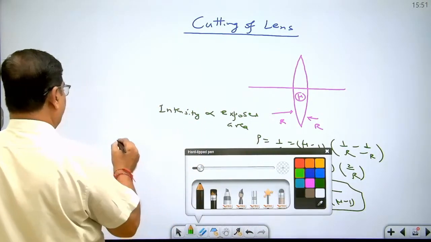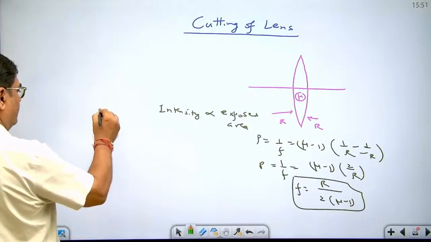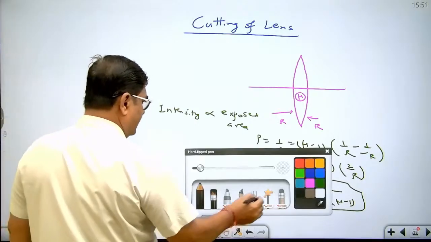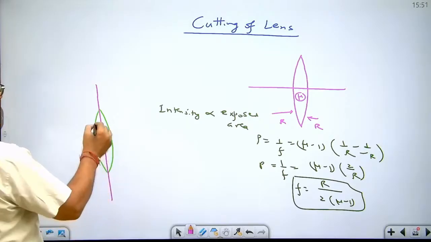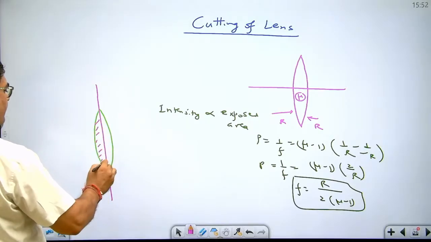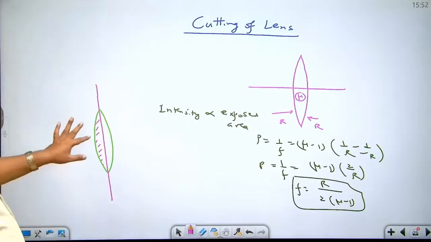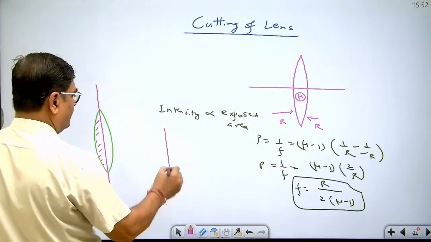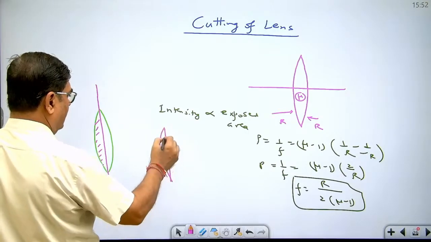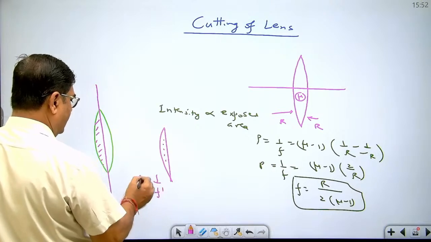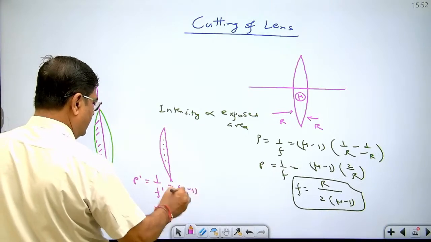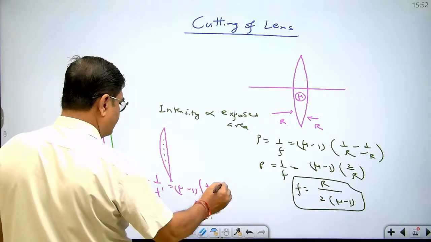Now dear student, what happens if this lens is cut in two equal parts like this? Then what will be the focal length and power of this shaded portion? See here, 1 upon f dash equal to P dash equal to what? Mu minus 1 into 1 upon R1 minus 1 upon R2.